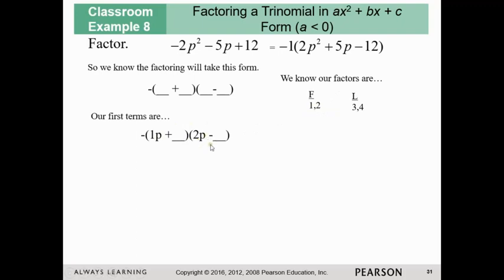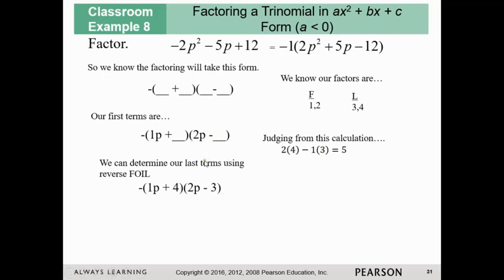So we put in the 1 and the 2. Now, the big question is, where is this going to go as far as the negative and positives go? Well, from our calculation, 2 has got to be multiplied by 4, and it's got to be positive. And 1 has got to be multiplied by 3, and it's got to be negative. So, based upon that judgment, we put the 4 here, and we put the negative 3 here.